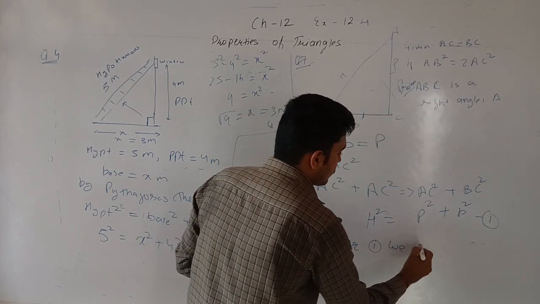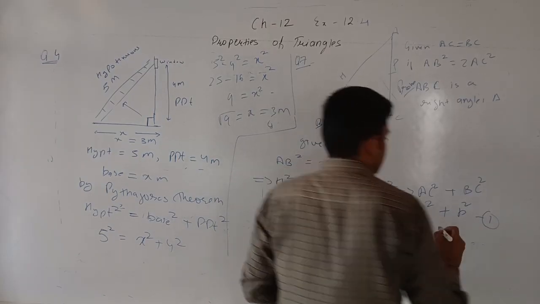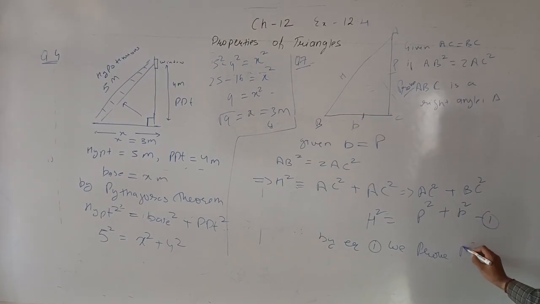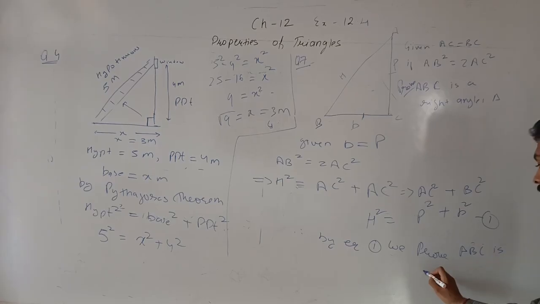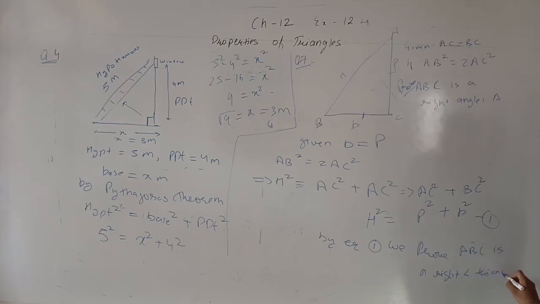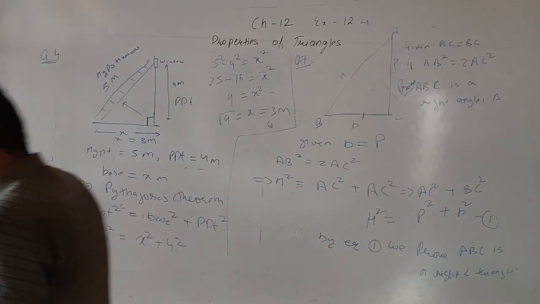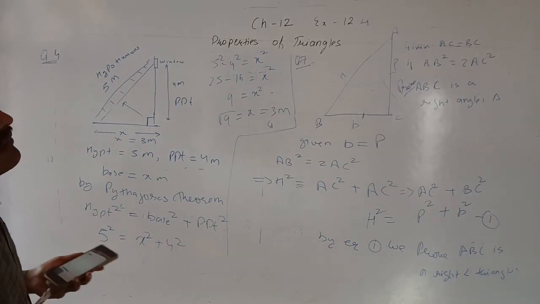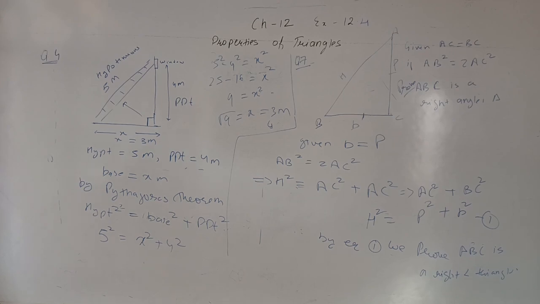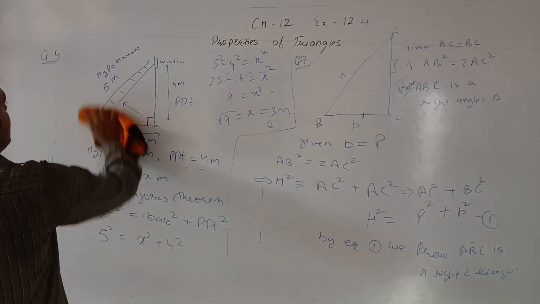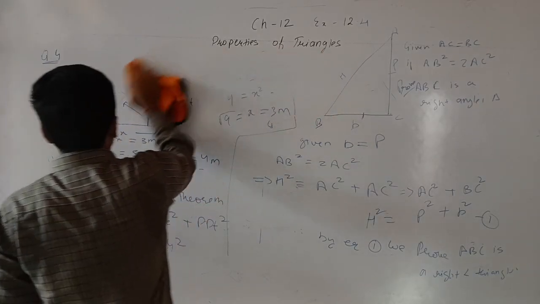By equation 1 we have proved that ABC is a right angled triangle. So we have proved it, and we'll move to the next question.